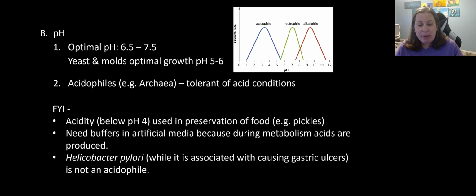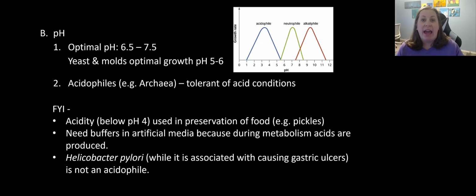So just for your information, we do see that acidity below a pH of 4 is used to preserve food. We see this when we pickle things. We put them into a substance with vinegar and other things in order to bring the pH down, and we pickle that. They do need buffers in artificial media because a lot of the byproducts of metabolism are acids.